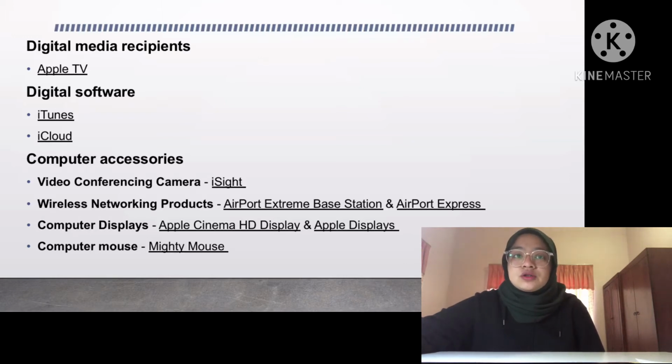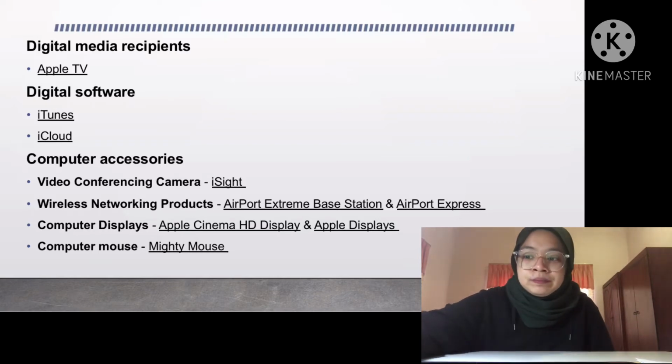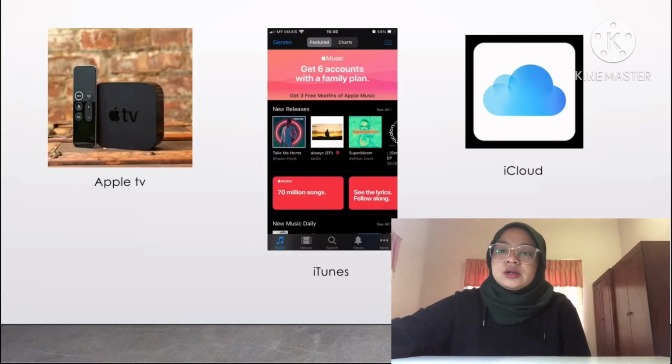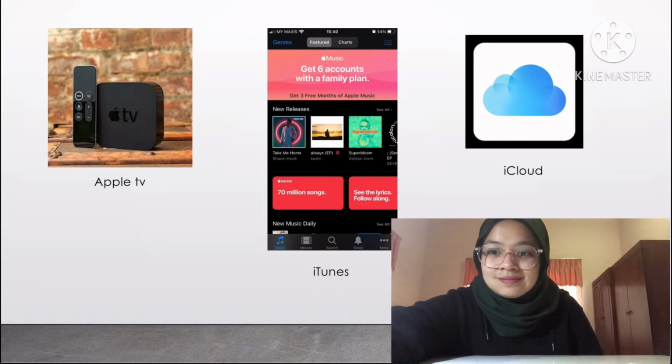And as for the software, the digital software, they have iTunes and iClouds. And computer accessories, that they also sell computer accessories like video conference camera, wireless network products, computer displays and computer mouse. So here's are the example of the products that I told before, which is Apple TV, iTunes and iClouds.